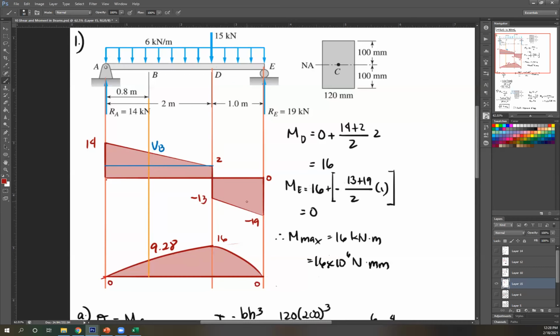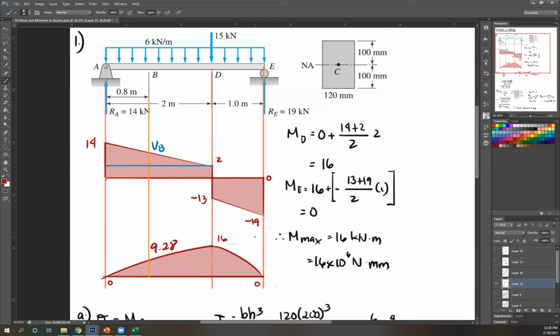Then this is another trapezoid, base 1 plus base 2 over 2 times height, which is 1 meter. Solving for this, I get 0. So I end at 0. So again, start at 0, end at 0, correct shear diagram, moment diagram.